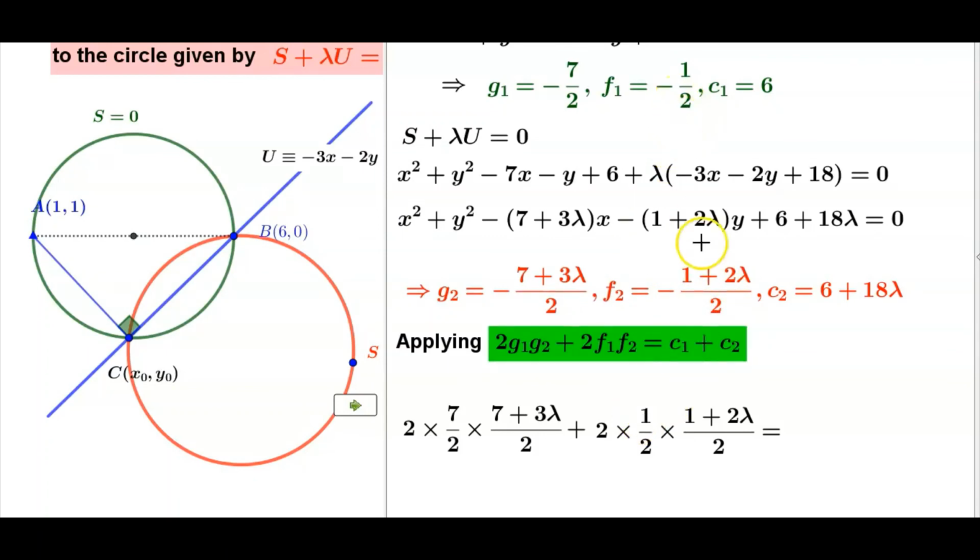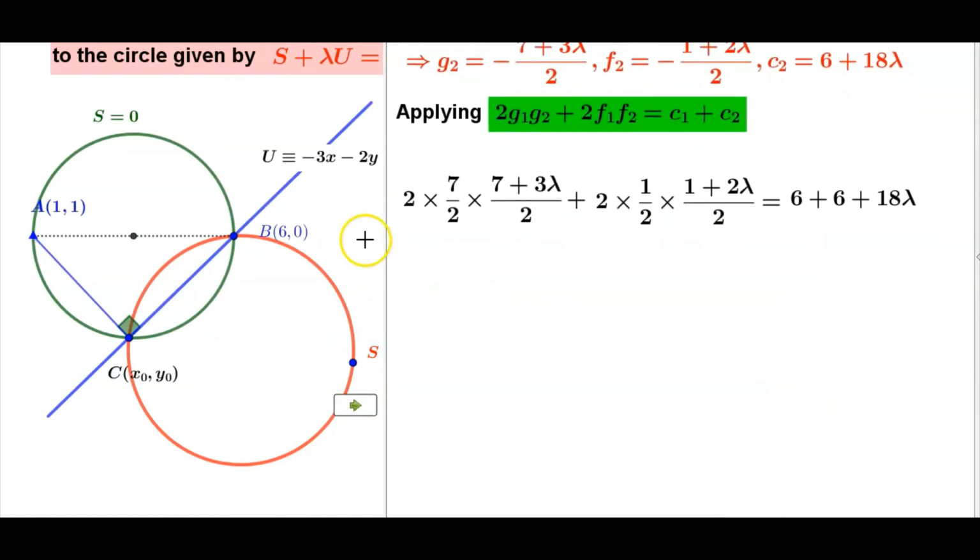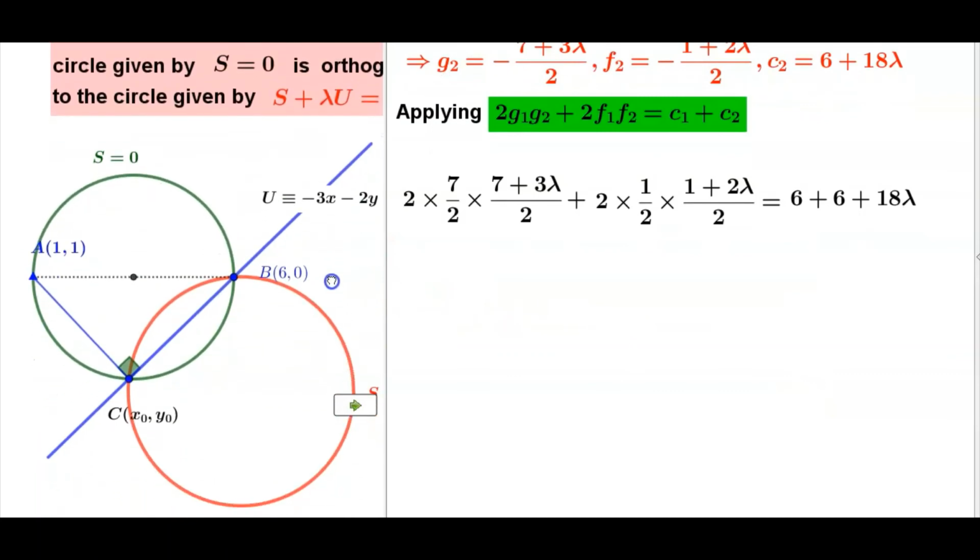Therefore here half into (1 plus 2 lambda) by 2 is equal to c1 plus c2. Here c1 is 6, here c2 is 6 plus 18 lambda. Now when we simplify this one, we can get the value of lambda.